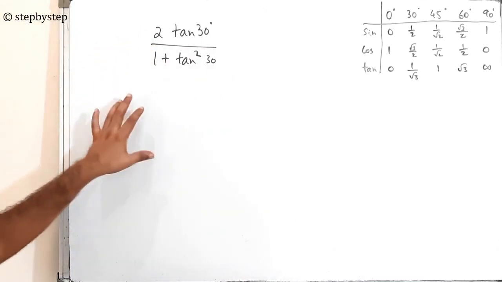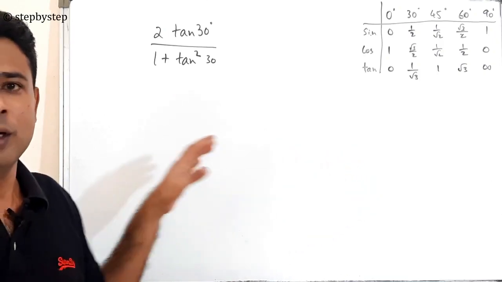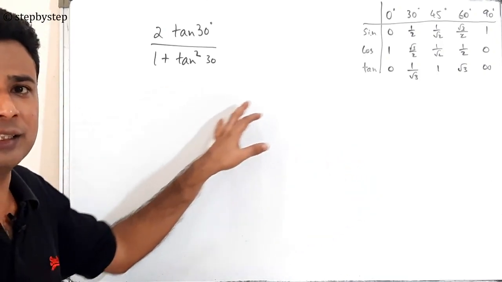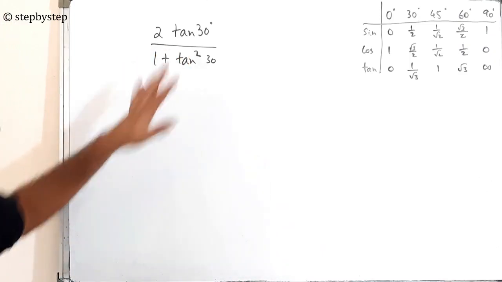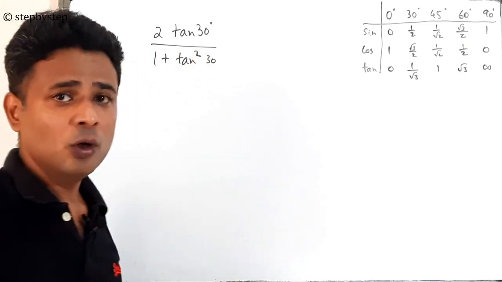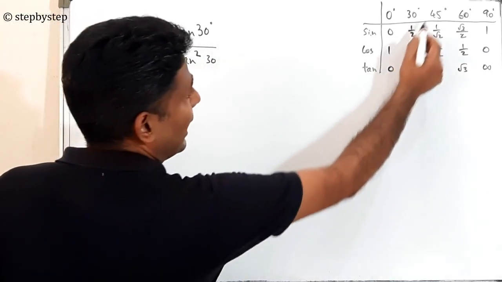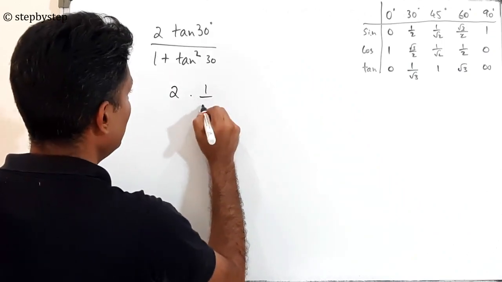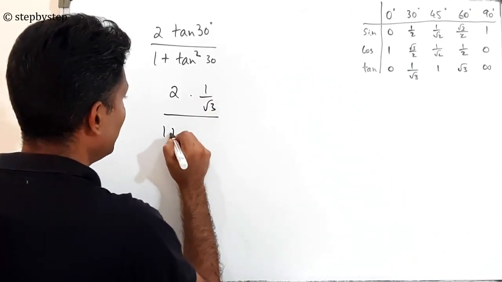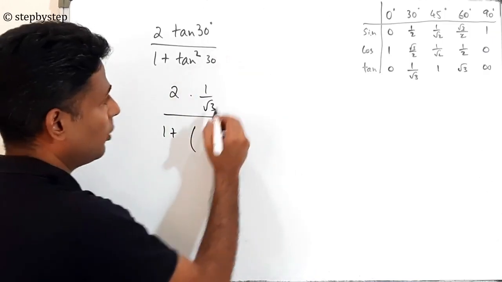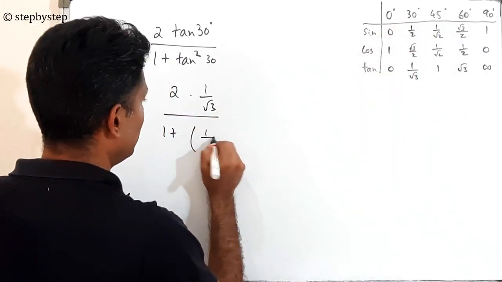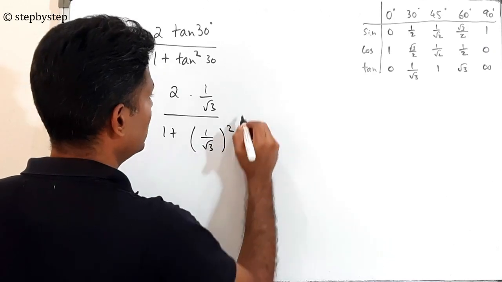Alright guys, the second question, first sub question. They have given you this and they have given you few options below to check whether it is sin 30, cos 60 or something like that. So first thing what you need to do is, you have to solve this. So 2 tan 30, so 2 into tan 30 is 1 by root 3 by 1 plus tan square 30 is tan 30 whole square, tan 30 is 1 by root 3, so 1 by root 3 whole square.